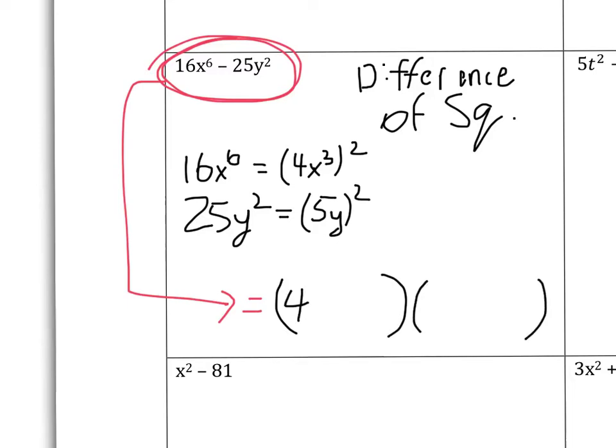The leading term of both binomials will be the root of the first square, and the second term will be the root of the second term. And what do I put in between? Well, the sum of the roots and the difference of the roots is what we need. Okay, if you multiplied that out, guess what? It'll work out. Try that at home.